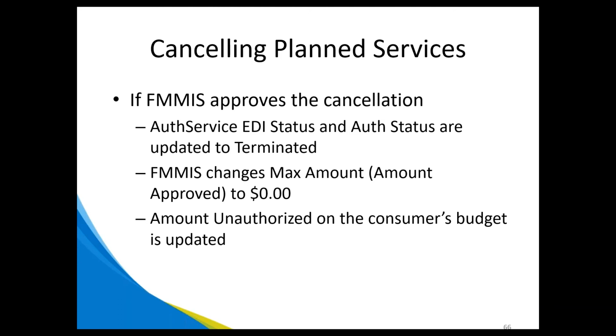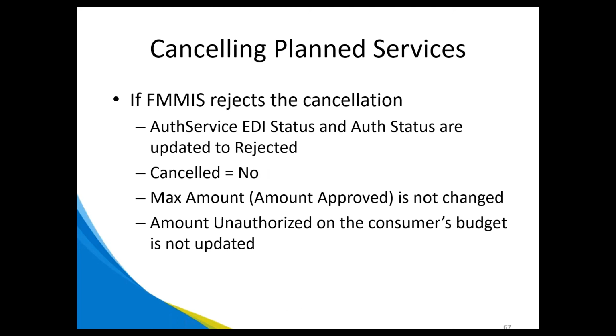If FMIS approves the cancellation, then it will change the max amount on the authorization to $0 and add that money back into the consumer's budget. And the auth EDI status and the auth status will be updated to terminated. This is when FMIS approves your cancellation.